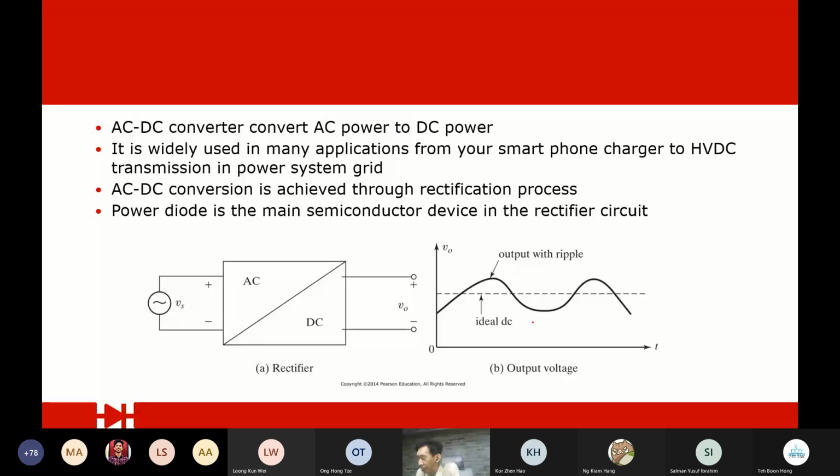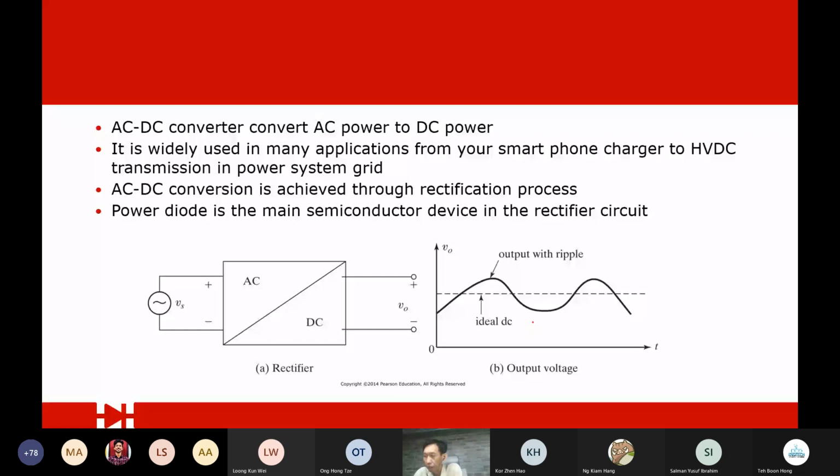change the AC to DC. Our electrical grid is AC, simply because AC transmission is much more efficient compared to DC over long distances. However, our appliances, especially the electronics ones, are mostly DC.